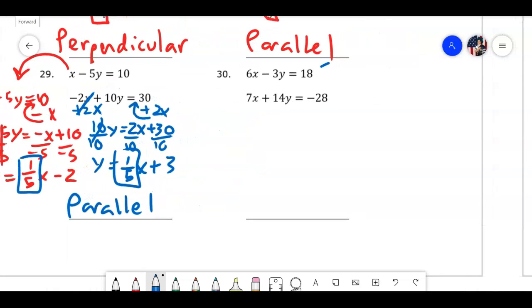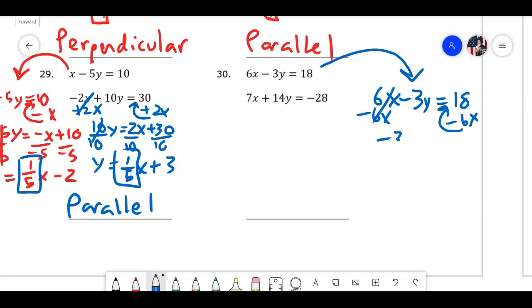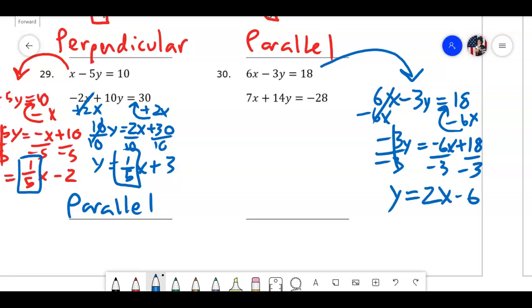Okay, let's solve this one. I know this is tedious. Dividing by -3, I get y equals 2x minus 6.